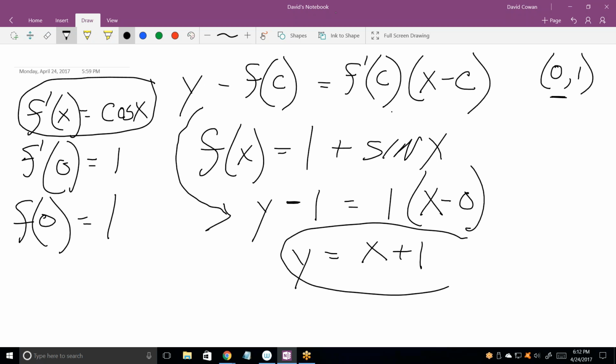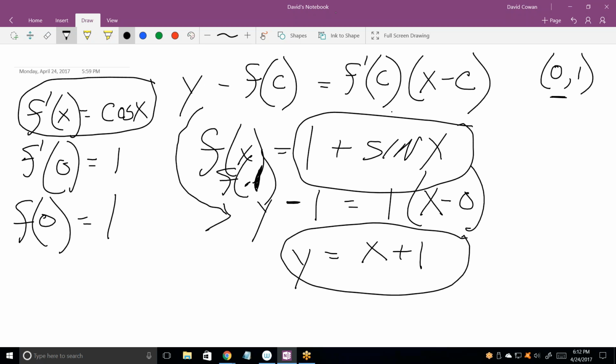So there's the way to approximate. In other words, if I want to figure out what f of 0.1 is, and I don't have a calculator, so I don't know how to figure out what the sine of 0.1 is, I can use this approximation, and f of 0.1 is going to be 1.1.